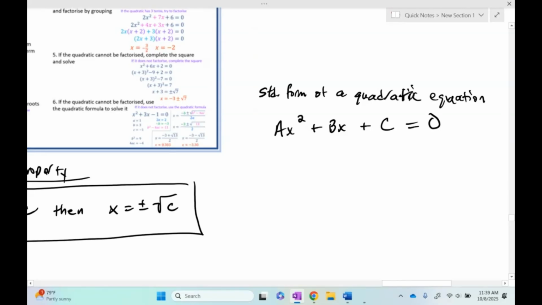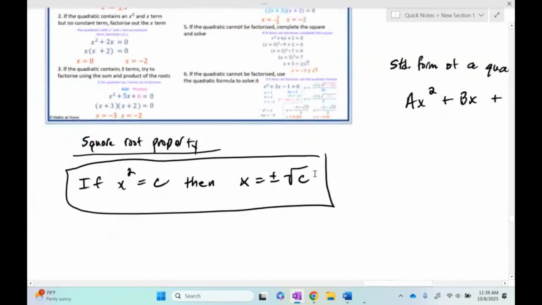So everybody has kind of seen that before, right? So you have a squared term. And when I say squared term, that just means the variable x is squared. You have a first degree term. So when I say first degree term, that just means the variable term with the exponent of 1. And then you have a constant term.